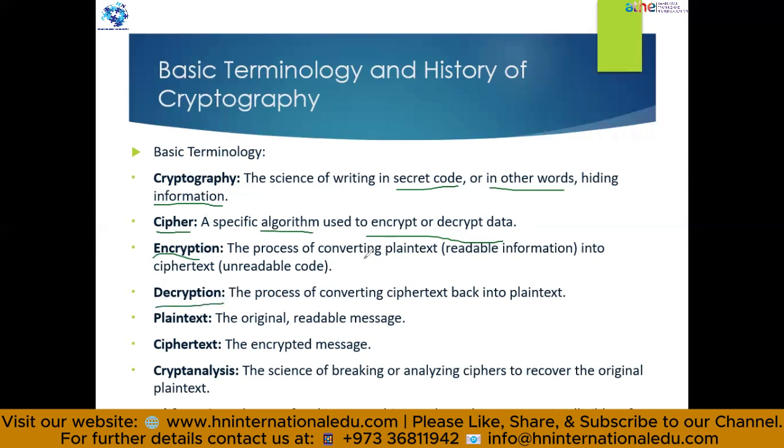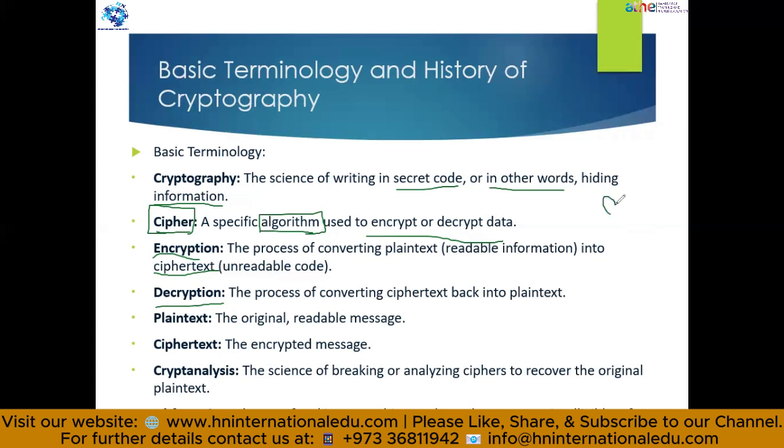The process of converting the plain text into the ciphertext. Now, what does it mean by ciphertext? Ciphertext means that when we apply any algorithm, any cipher technique to convert our data, that data is known as the cipher data.